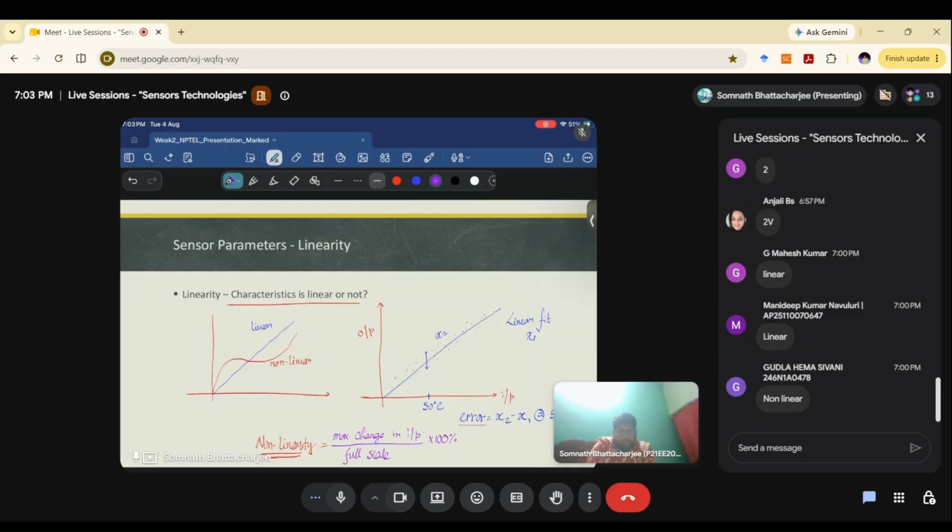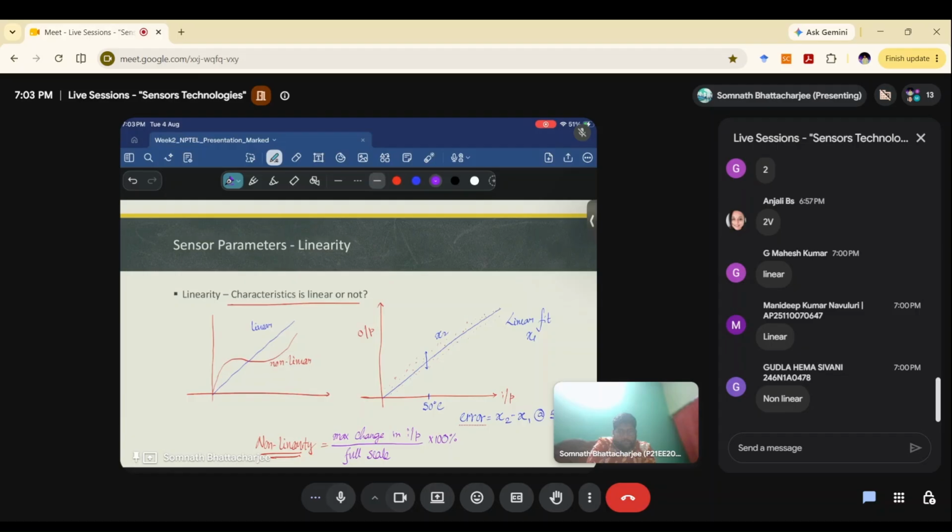Now, when we are reducing the temperature, the sensor follows a very different path from this one. Let me draw it like this, but the sensor follows this path. So the main concept is that when we are increasing the input, that is, the direction of the input change, we are getting a different value at a specified temperature or a specified input.